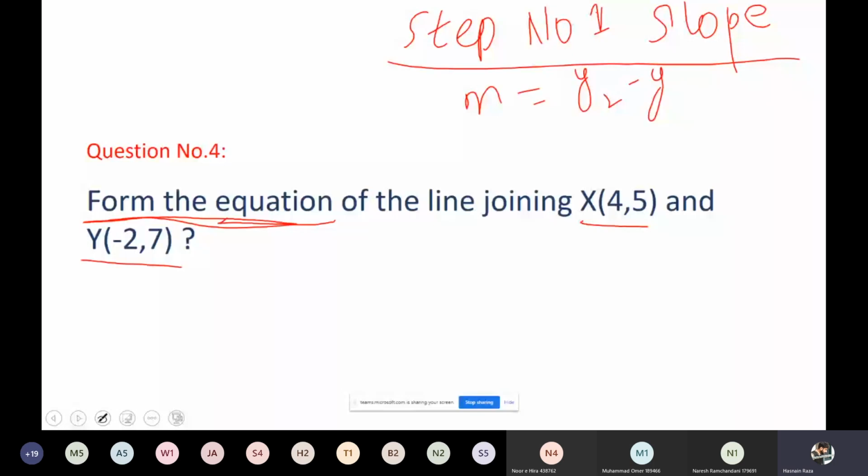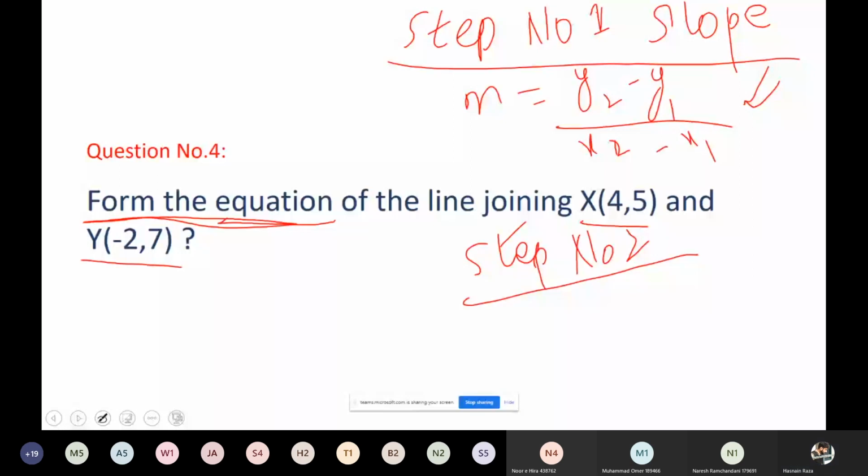This is the very first step. Step number 2 asks us to find the y-intercept. The y-intercept is represented with a small letter c, in y equals mx plus c.